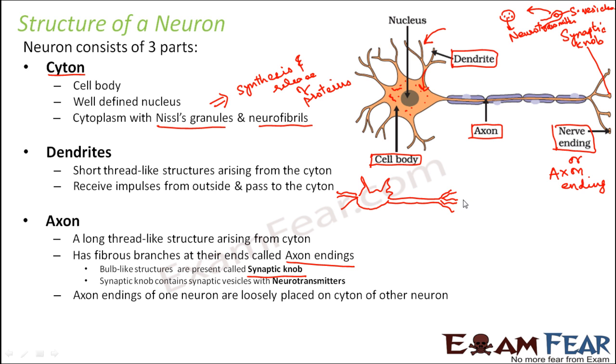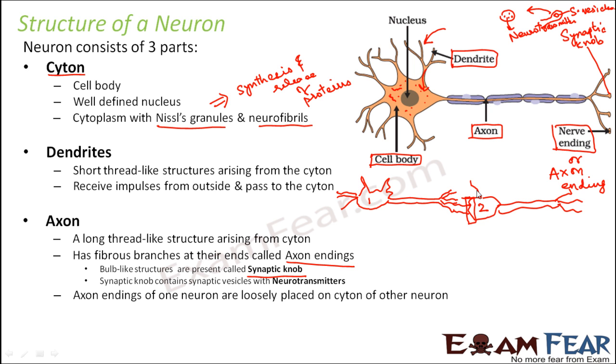This axon ending will be connected to the cyton of another neuron. Let us say this is neuron 1 and this is neuron 2. The axon endings of neuron 1 will be loosely connected to the cyton of neuron 2.